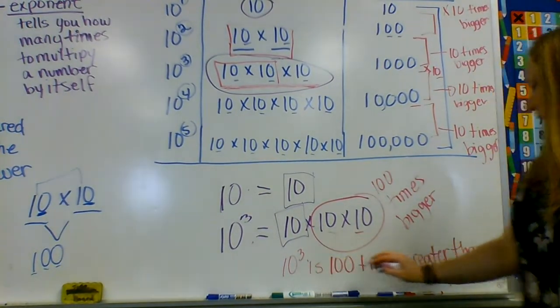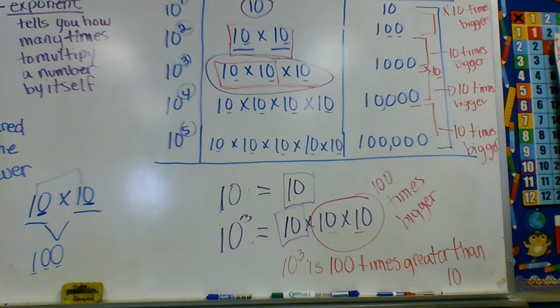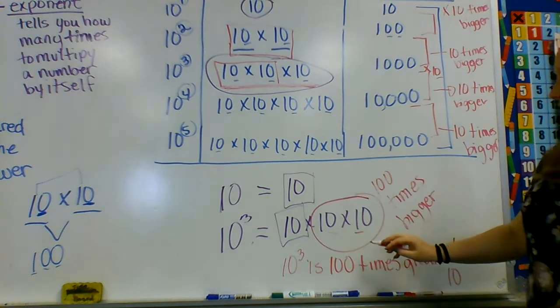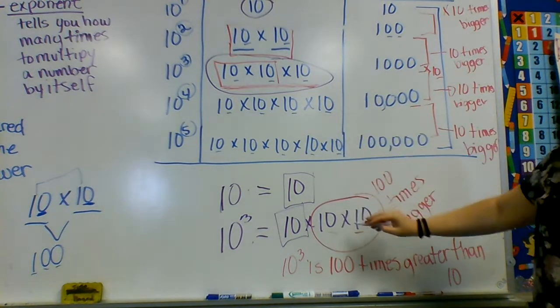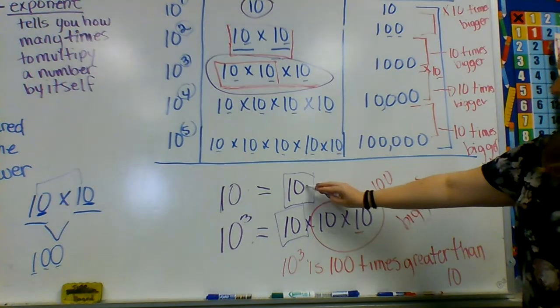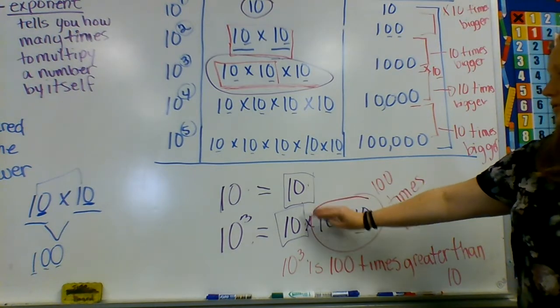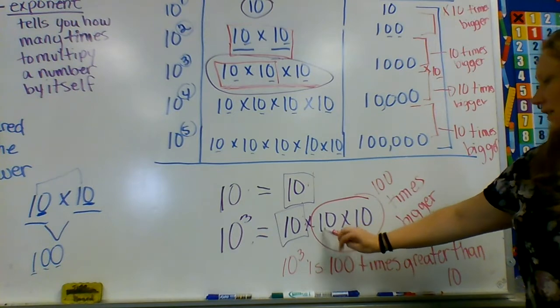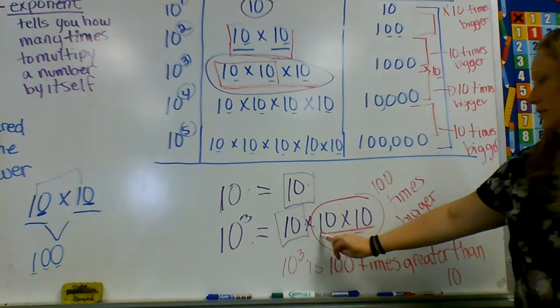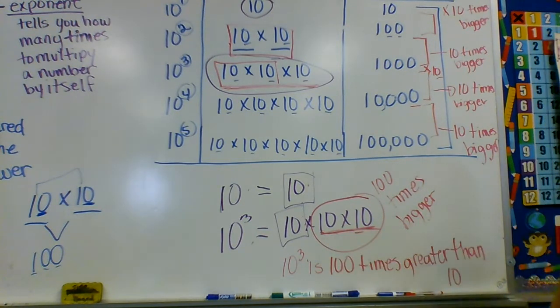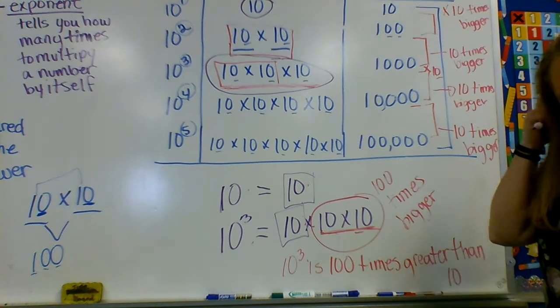So 10 to the third power is 100 times greater than 10. Because if I compare the two, if I look at the numerical expression, I see 10 here, 10 here. So those kind of cancel each other out. And this tells me how many times bigger it is. So I know it's 10 times 10, which is 100, 100 times bigger.